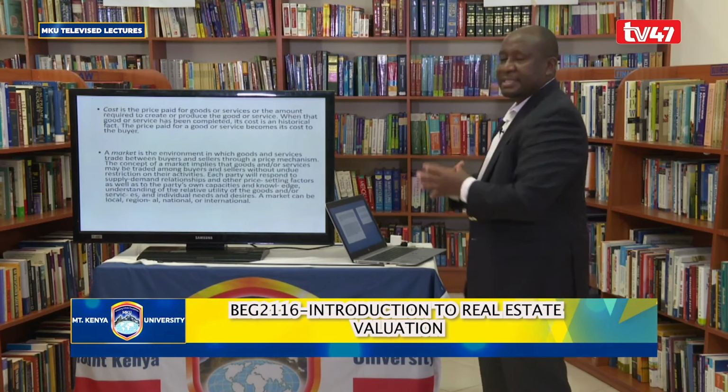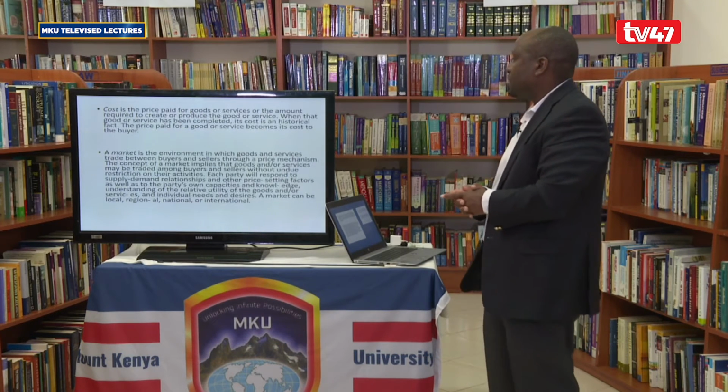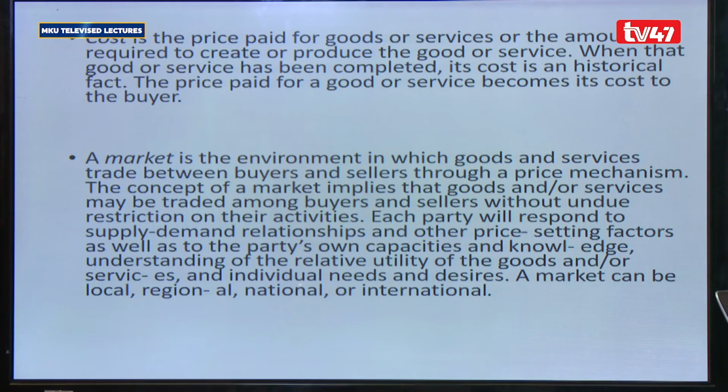A market, then what is a market? A market is the environment in which goods and services trade between buyers and sellers through a price mechanism. So for that to be a market, there is buying and selling, and there is a price mechanism. That environment is what is referred to as a market. And the concept of a market implies that goods and services may be traded among buyers and sellers without undue restriction on their activities.